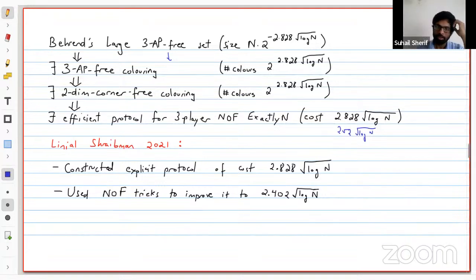So after constructing this protocol, since it's a communication protocol and it's easy to think of communication as parties trying to exchange information, they actually managed to improve the protocol to get a better bound of 2.402 times square root log n. And so this was the first improvement on large corner-free constructions.